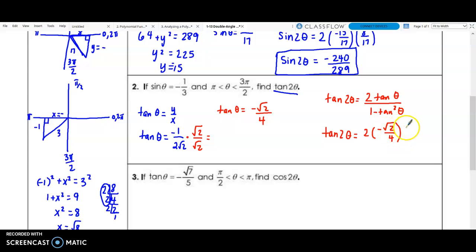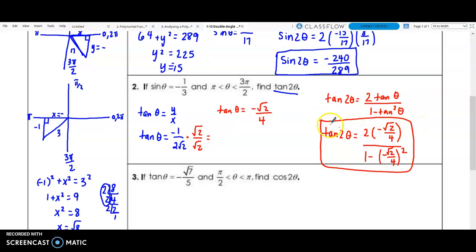Since this has square roots in it, we're just going to leave it alone. Don't worry about having to simplify it. 1 minus tangent squared theta. If this is tangent, then we're just going to write a squared to show that this is squared. And then that's it. We're just going to leave it like that.